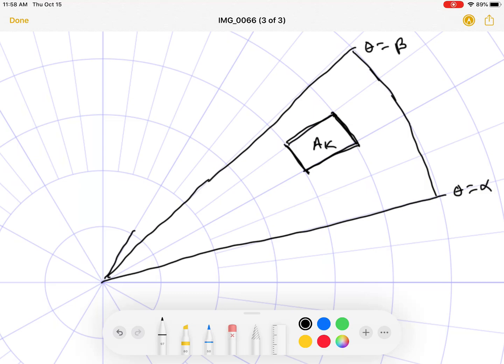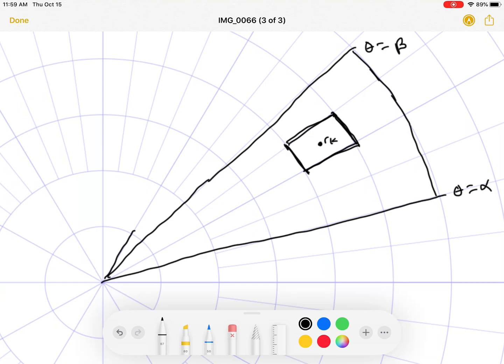All right. So here's the deal. Somewhere inside here is a point, r sub k, theta sub k. I'm just going to leave the r there.